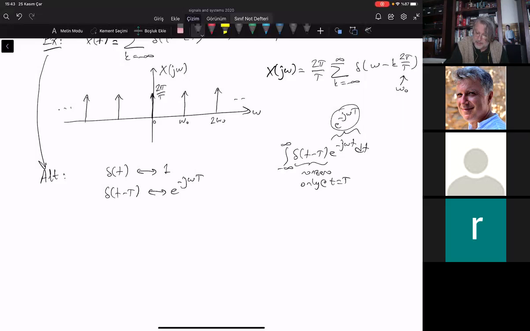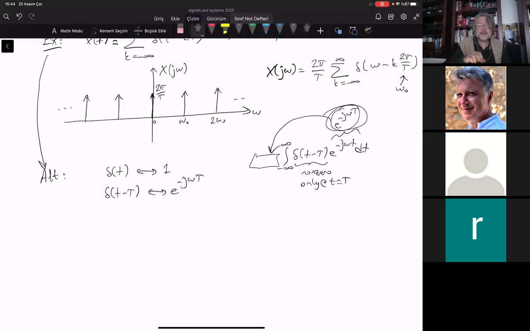So take this out of the integral and write it here. Then the integral will be the integral of a shifted impulse, which is the area under an impulse, which is 1. So the result will be whatever you have here, which is e to the minus j omega capital T.